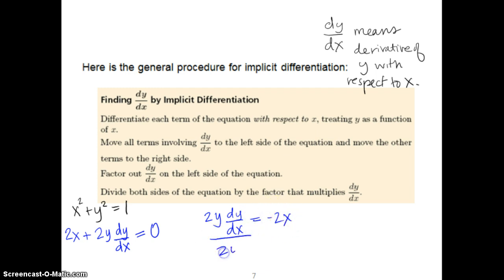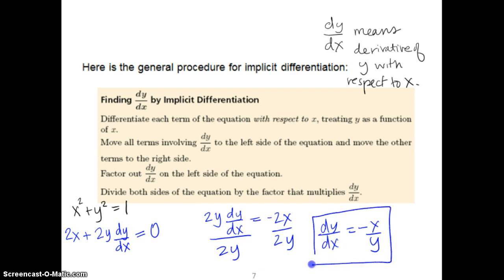Divide both sides by 2y, and we end up with dy dx equals negative x over y. So the derivative of y with respect to x in this function is negative x over y. I know it's a little bit hard to process, but once you work a couple of problems, it starts to make more sense.